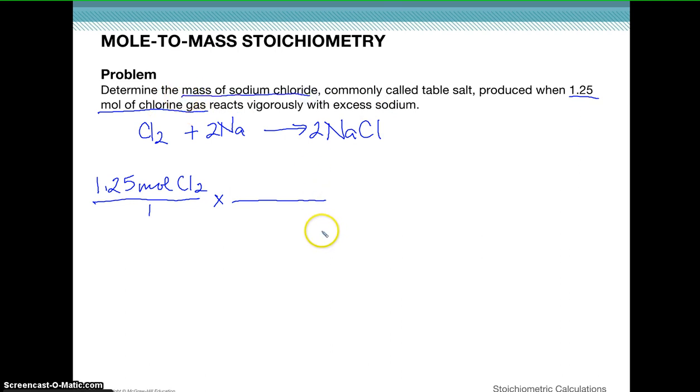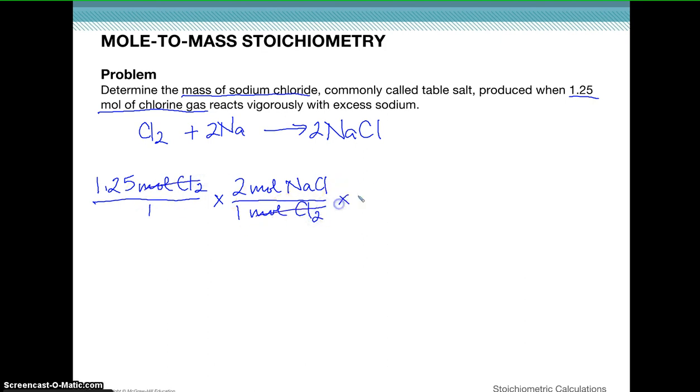So if we go back to our 4-step formula, if we have moles, we have to go to the mole ratio next. We're trying to find sodium chloride, that goes on the top, 2 moles of NaCl. We want to get rid of Cl2, so from the balanced equation, 1 mole of Cl2, so those will cancel.